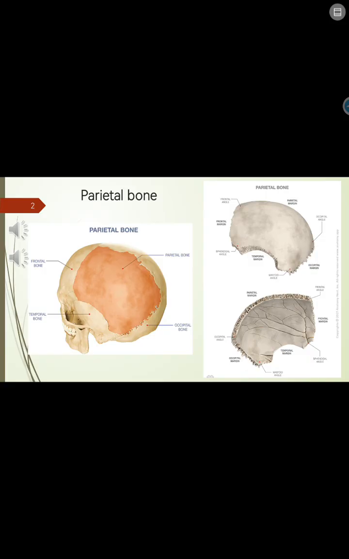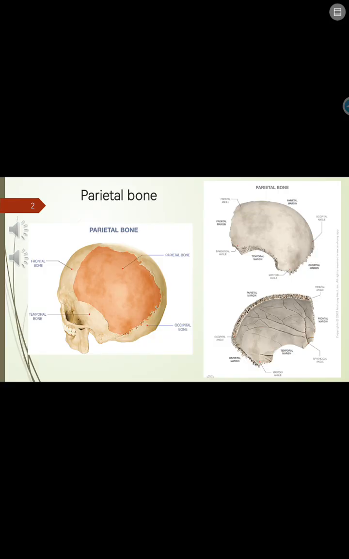The squamosal or inferior border articulates with the greater wing of the sphenoid bone, the squamous part of the temporal bone, and posteriorly articulates with the mastoid bone. So we can conclude that the inferior border or squamosal border articulates with three different bones.